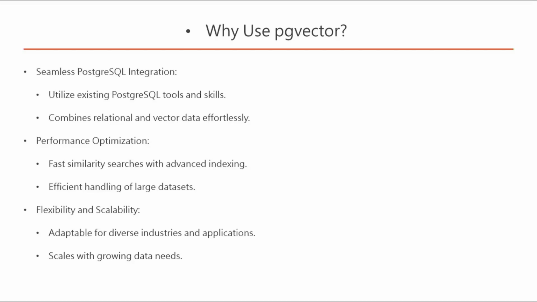Second is performance optimization: fast similarity search with advanced indexing and efficient handling of large datasets. The third is flexibility and scalability, adaptable to diverse strategies and applications, and scales with growing data needs.